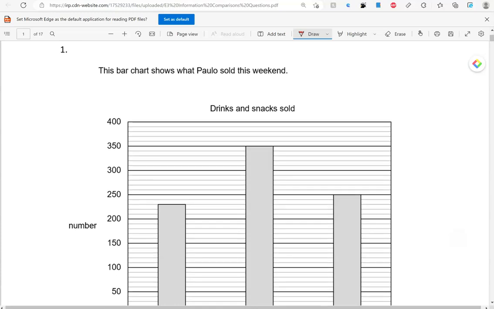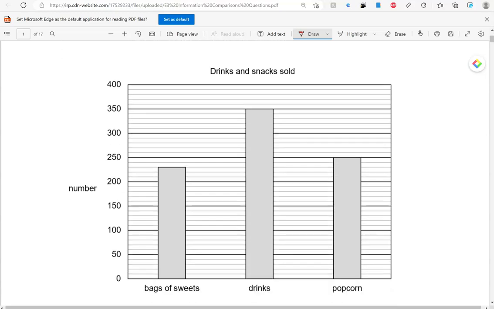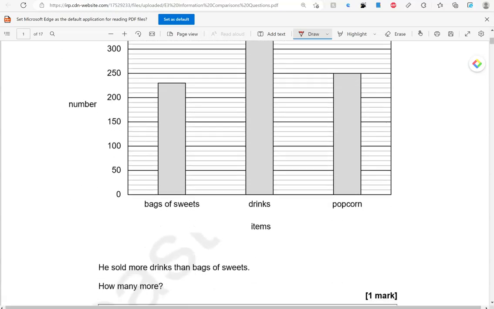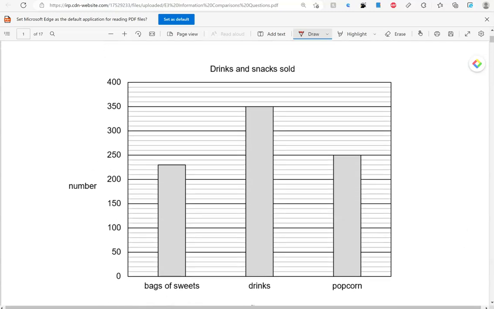This bar chart shows what Paolo sold this weekend. He sold more drinks than bags of sweets. How many more? So we're comparing drinks with bags of sweets. Drinks, we have 350 of them. Bags of sweets, we have between 200 and 250.